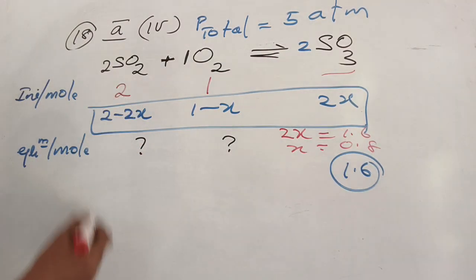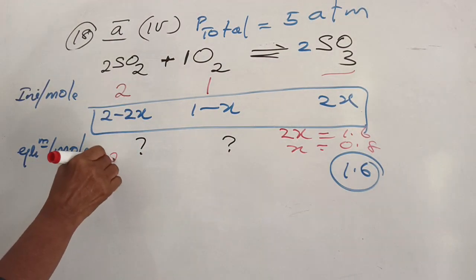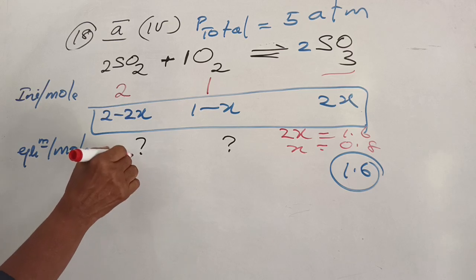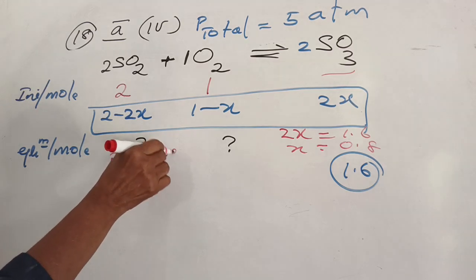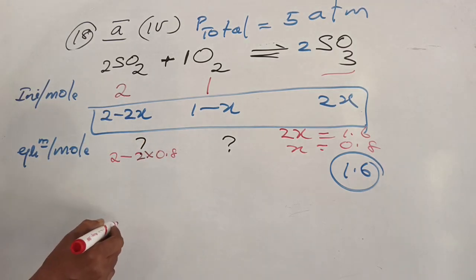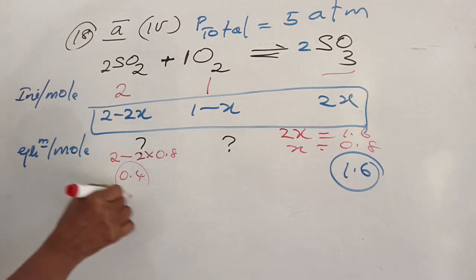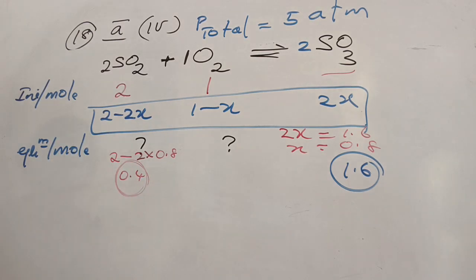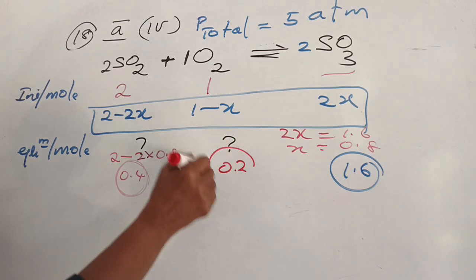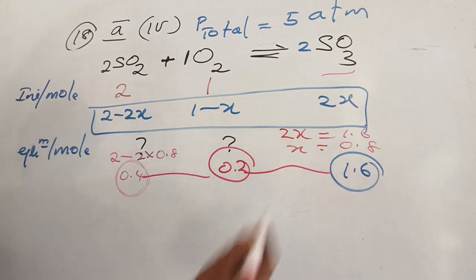From the SO2, 2 times 0.8, that means 1.6 has been reacted, and what is remaining is 0.4 at equilibrium. For oxygen, it is 1 at the beginning. Now it used up 0.8, therefore the amount remaining will be 0.2. So these are the equilibrium numbers of moles.